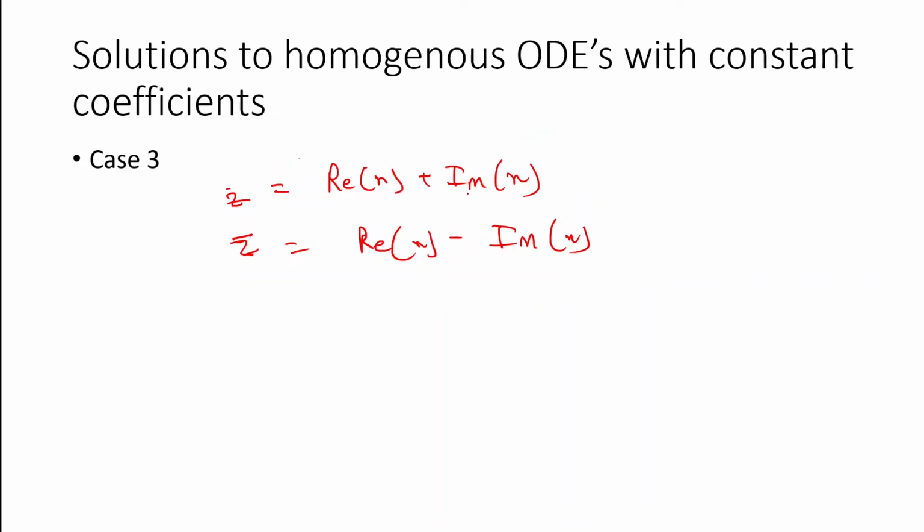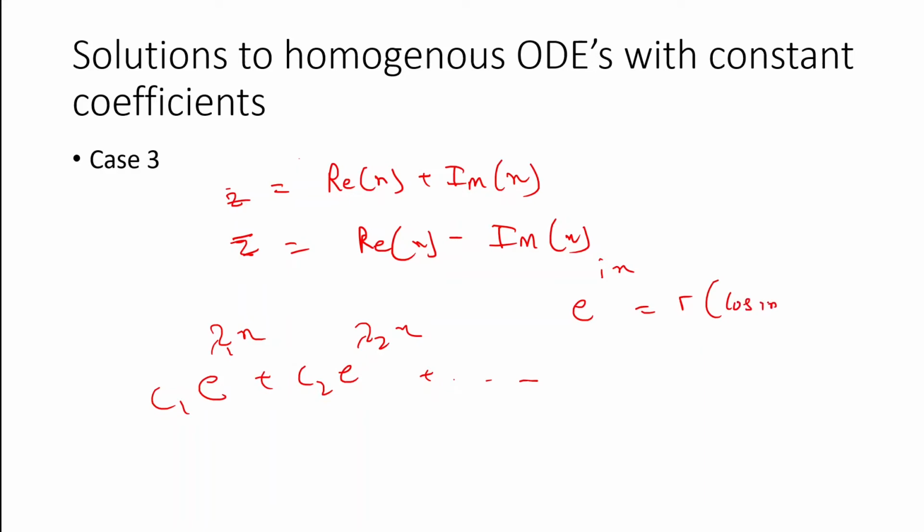So if that is the case, then no one is stopping you from writing it as c1 e power lambda 1x plus c2 e power lambda 2x, but it is better to write it using Euler's formula. We know e to the power ix is equal to cos x plus i sine x, the fundamental Euler formula which we know very well.